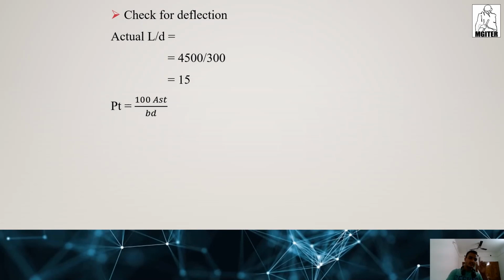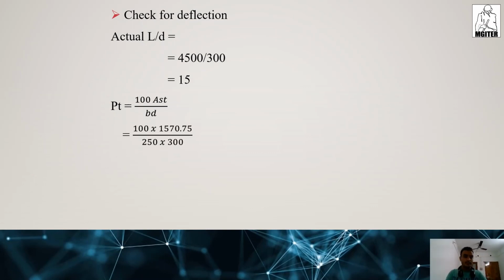We found it earlier, but this time we assign steel more than required. We required 4.9 or something, but we provide 5 numbers, so the percentage of steel will change. So we find the actual percentage of steel provided in the beam.